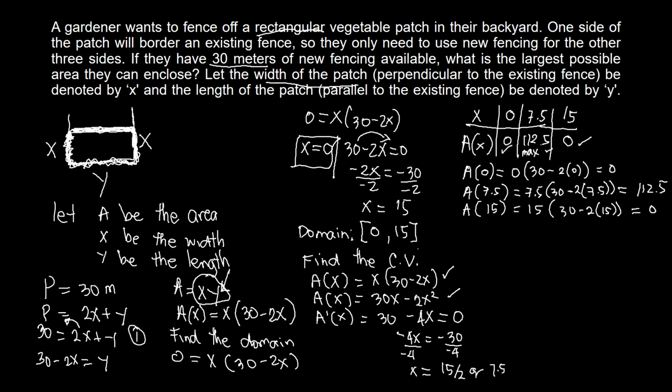So we can simply say the maximum point is with 7.5 as the width of the rectangular patch. That will be equivalent to an area of 112.5. And then, of course, we can conclude there, because our problem is asking what is the largest possible area that they can enclose.